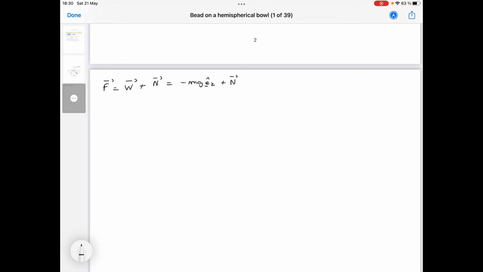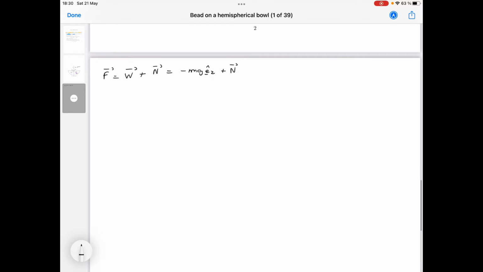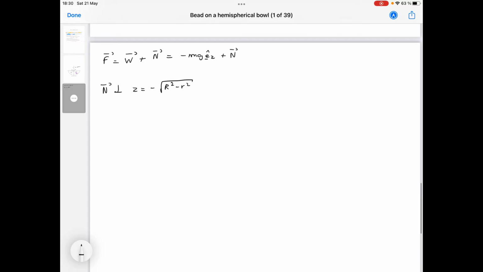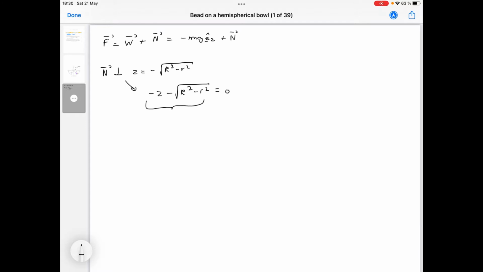For the normal force, we know that it is going to be perpendicular to the surface that's defined by z equals minus the square root of R squared minus r squared. So it's perpendicular to the surface defined by minus z minus the square root of R squared minus r squared equals 0, and we'll call the left hand side of this equation f of z and r.